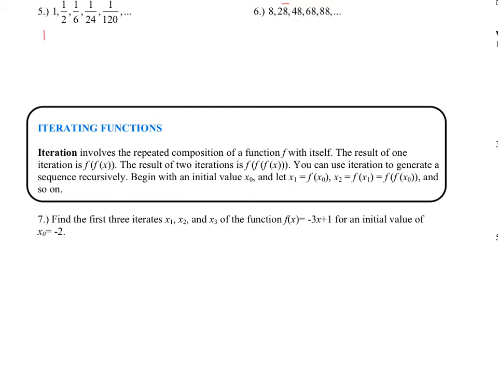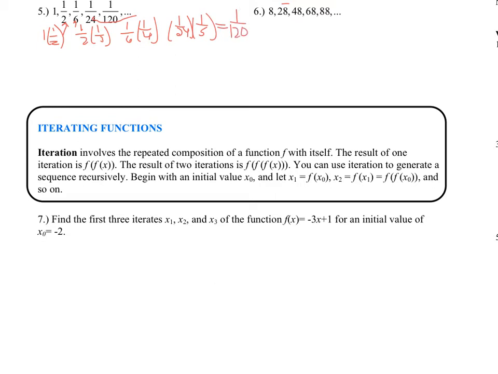So I notice that I do 1 times 1/2 to get this term, and then I do 1/2 times 1/3 to get the term after that, and then I do the 1/6 times 1/4 to get the next one, and then if I do 1/24 times 1/5 I get the 1/20.